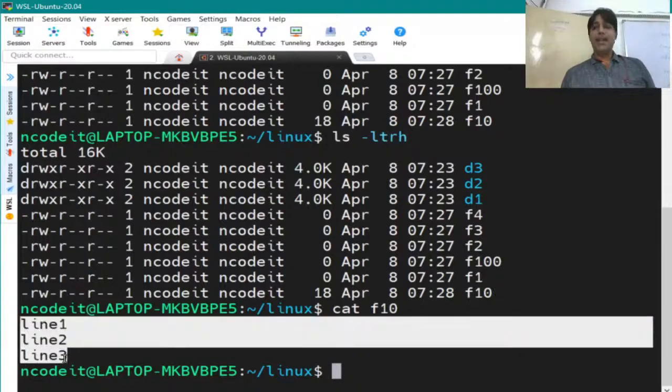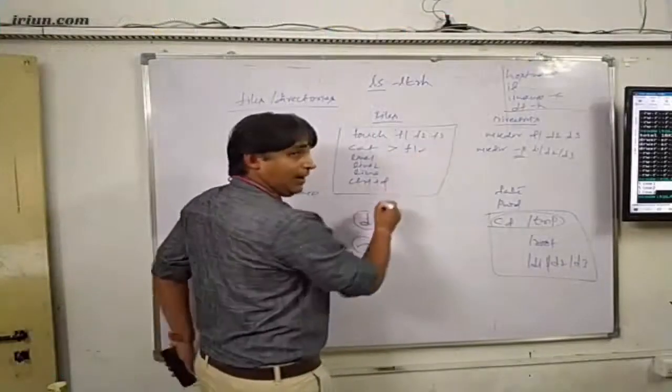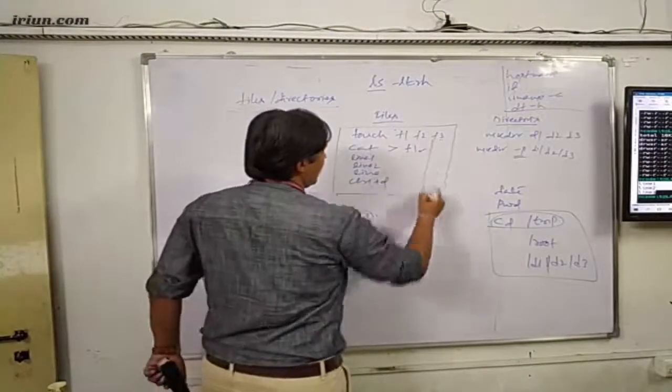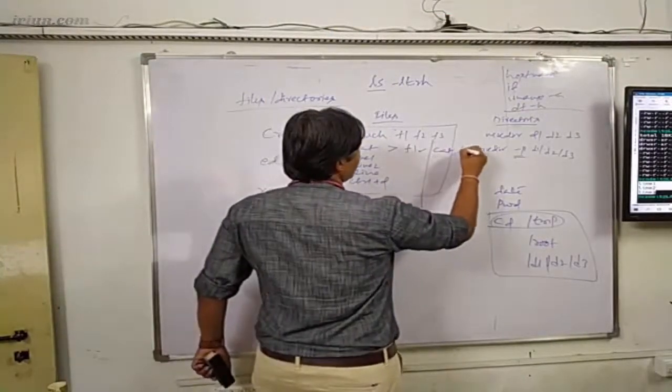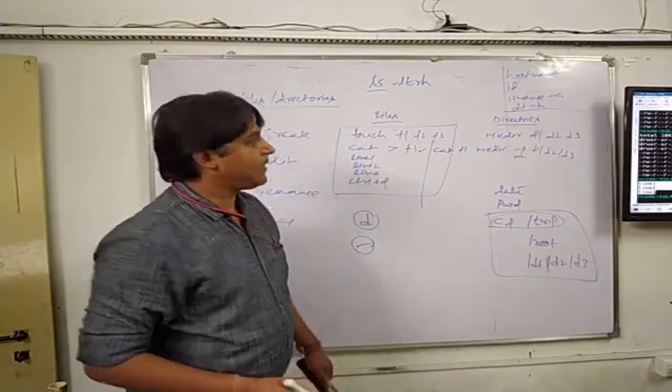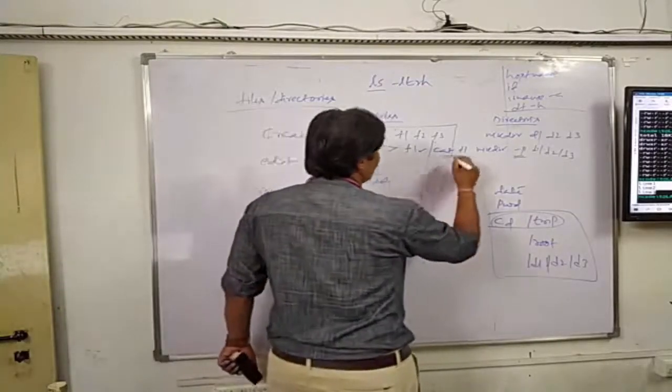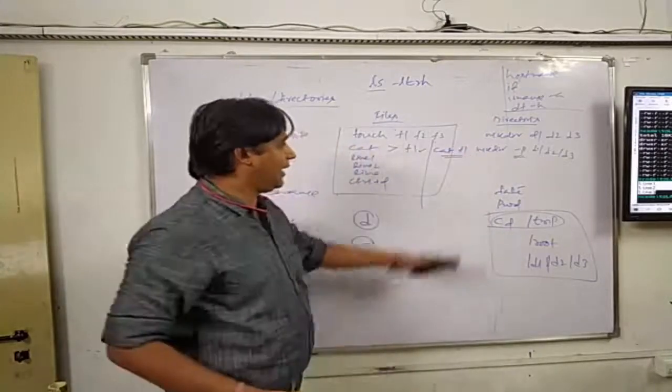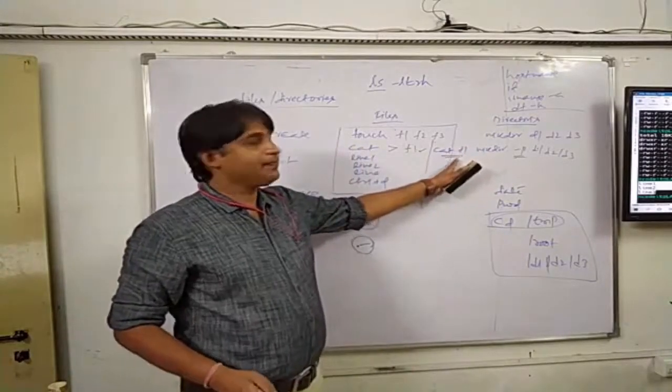So, cat is used for 2 things. One is, you are creating a file if it doesn't exist, or you are looking at the content of the file if it already exists. This is the most common usage of cat. So any file you want to see the content of quickly, you just cat it.